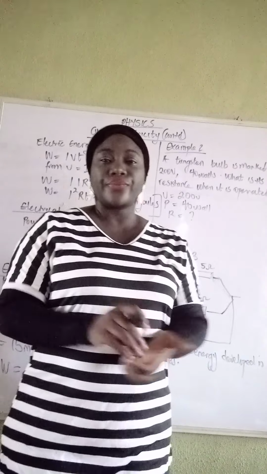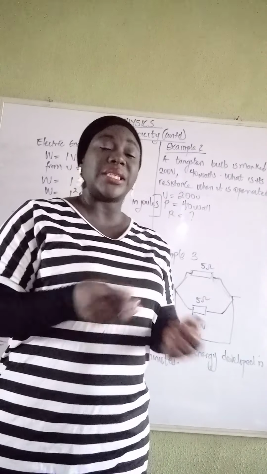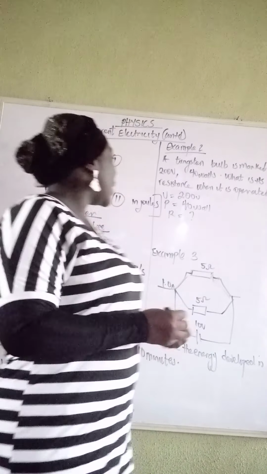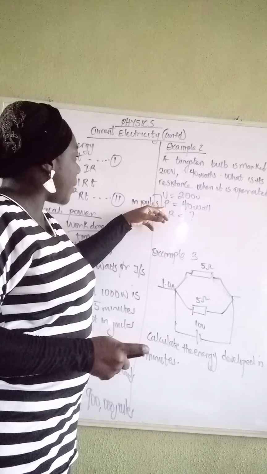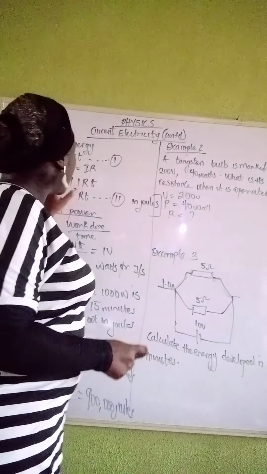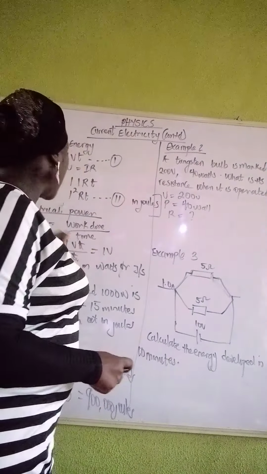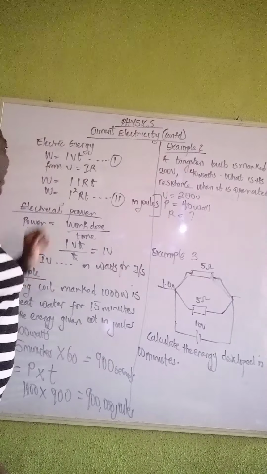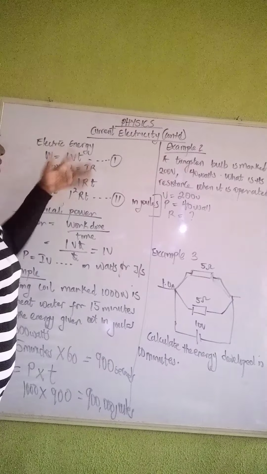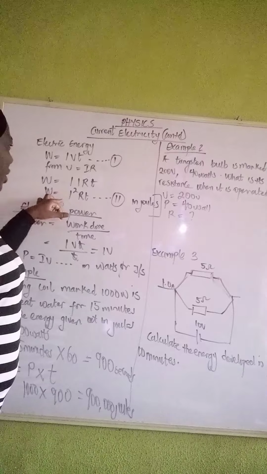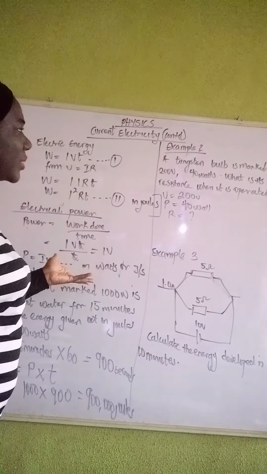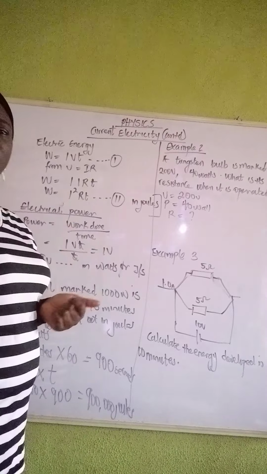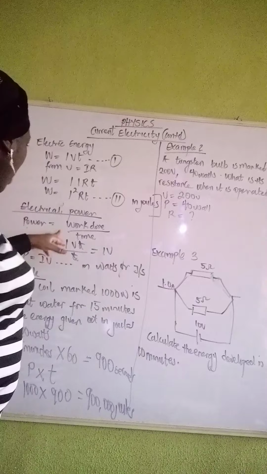Remember I told you that the parameters given to you will determine the formula to use. Here we are given the volts and the power, and we are looking for resistance. Look at the formulas. Is it W equals IVT? Is it W equals I squared RT?